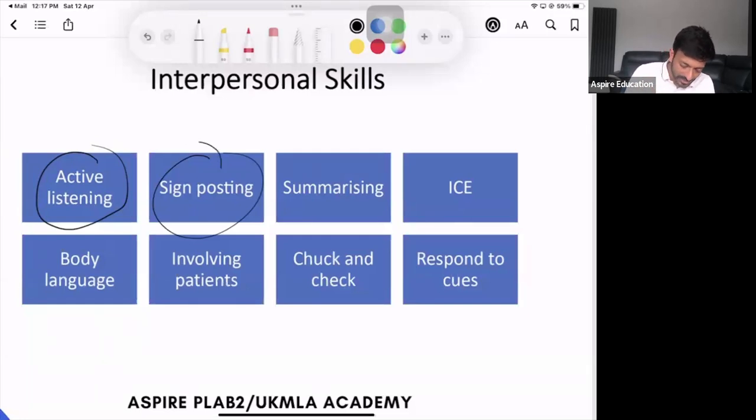So in those cases, you can signpost: now, Albert, I'm going to ask you some questions about your lifestyle, about your smoking, your alcohol, your diet, because these are important and they might act as a risk factor in your case, right? So tell me, do you smoke? So what I did, I signposted, I gave the relevance of my questioning, and that's quite helpful.